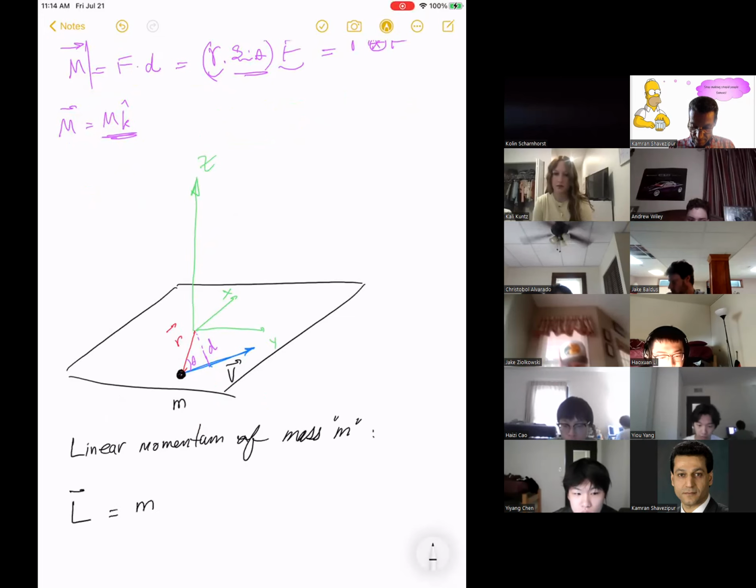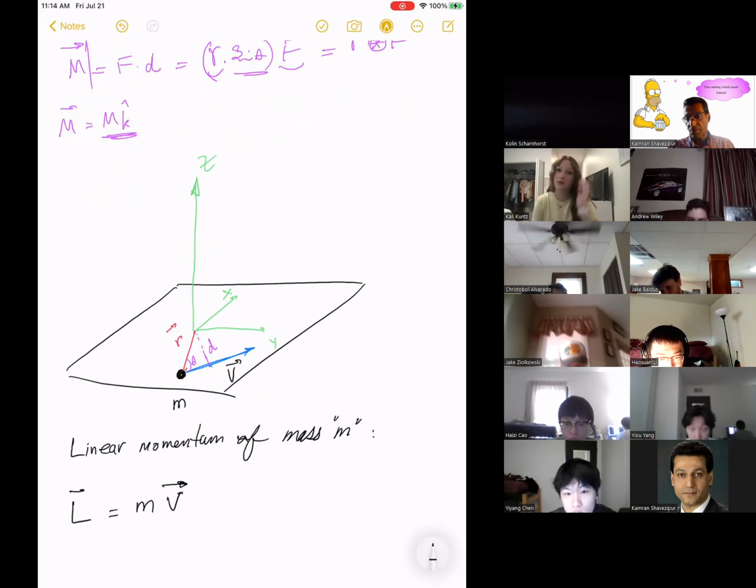It is m times v, right? Does that make sense? This is what we did in chapter 15. Mass times velocity is a vector. We call it linear momentum.